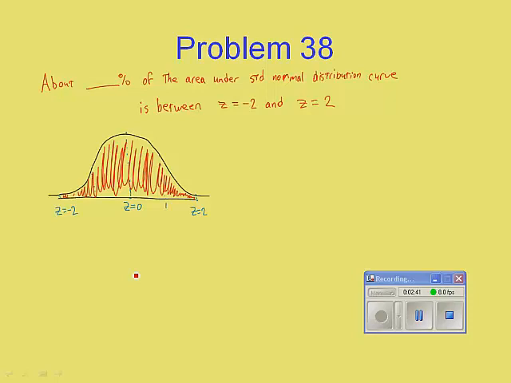So let's see. There's a number of ways to do it. Now, of course, they have tables in the back for people that don't have the technology, and you can look up on the table how much area there is. Why do you have to look up on a table? Well, I think I mentioned last time that calculus is used to compute the area under a curve. And some of you maybe even learned that at some point.